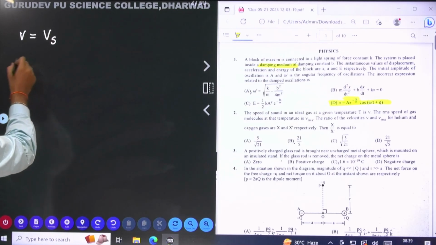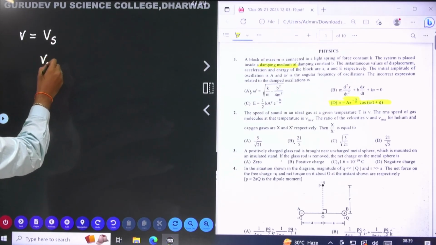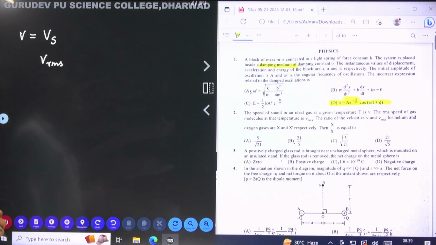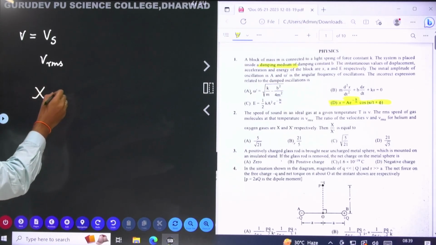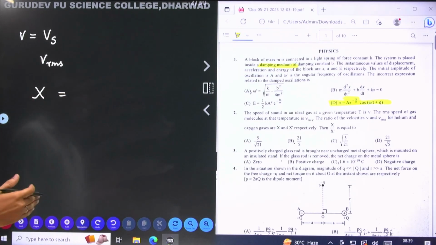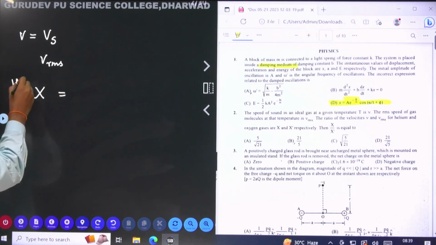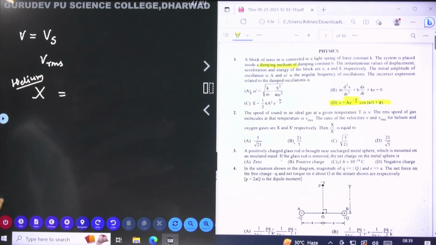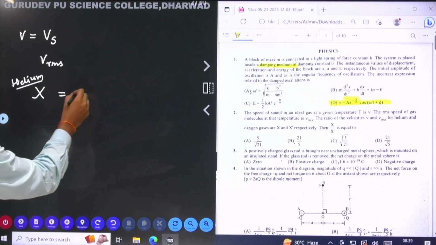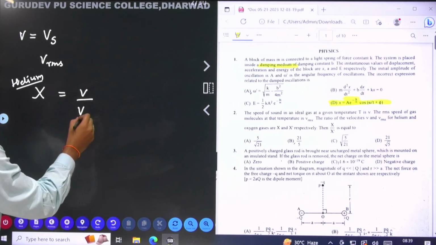Now the ratio of velocities V and VRMS for helium and oxygen are X and X dash. That means we are supposed to take the ratio. If this is for helium, then I have to take the X value first. X is the ratio of velocities V divided by VRMS.